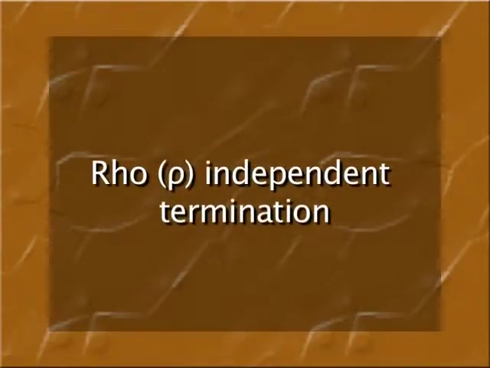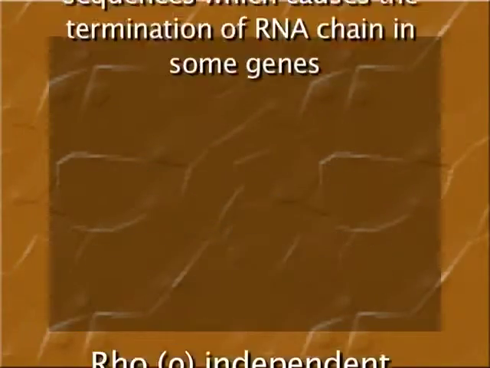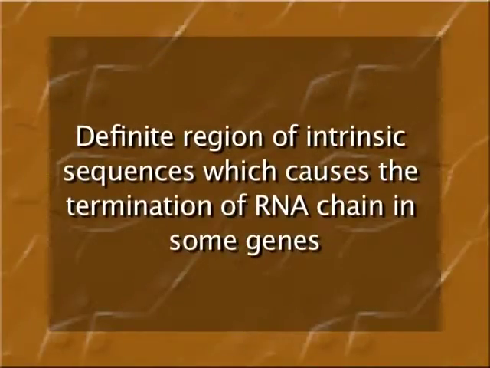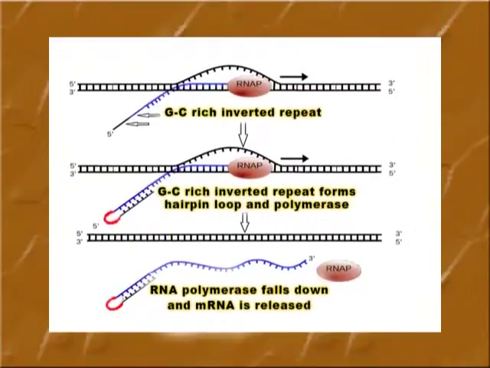Now, Rho-independent termination. There is a definite region of intrinsic sequences which causes the termination of the RNA chain in some genes. This may be due to two guanine-cytosine rich stretches at the end of the RNA transcript which are complementary to each other. These two guanine-cytosine rich stretches form an intramolecular hairpin structure.